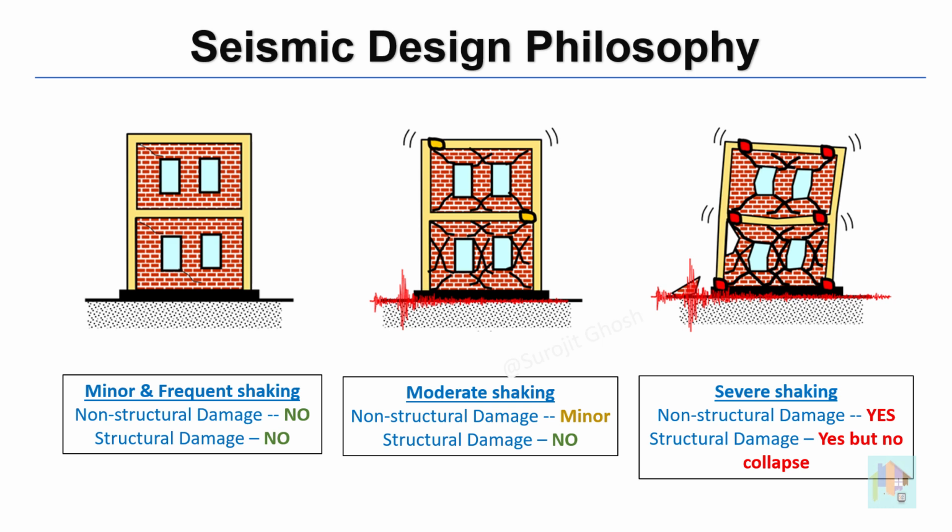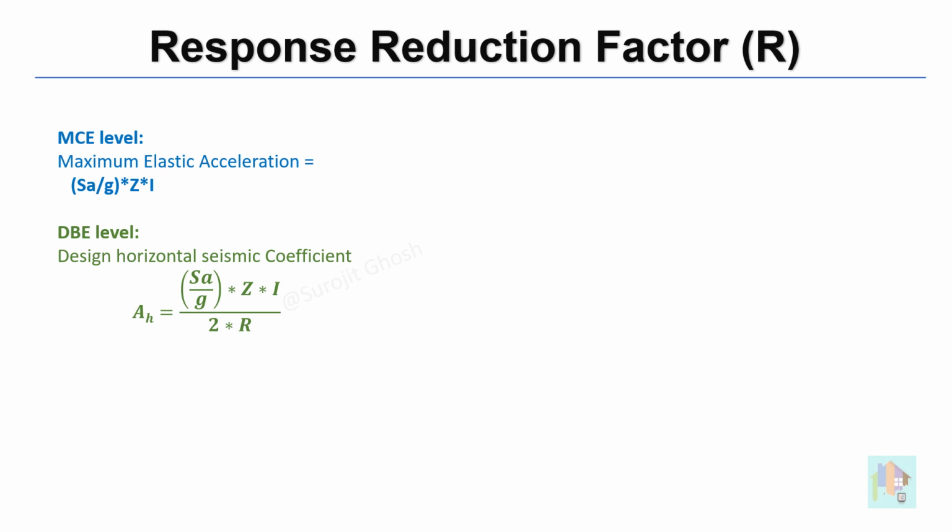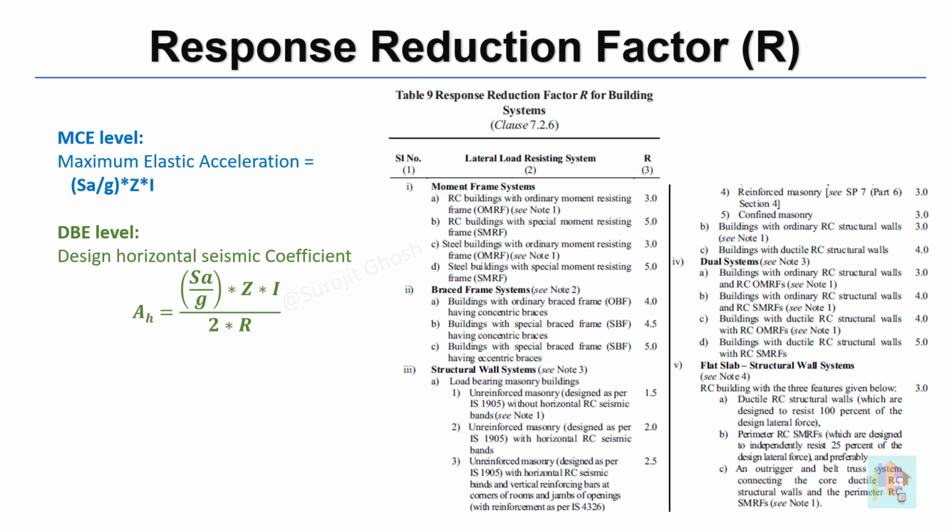For this reason, we design any structure considering a reduced force than the actual earthquake load. Half of the maximum elastic acceleration is considered, and further it is reduced considering the inherent ductility and overstrength of the structure using a response reduction factor R. This factor depends on the lateral load resisting system, and under table 9, value of R based on different framing system is mentioned, which varies from 3 to 5.